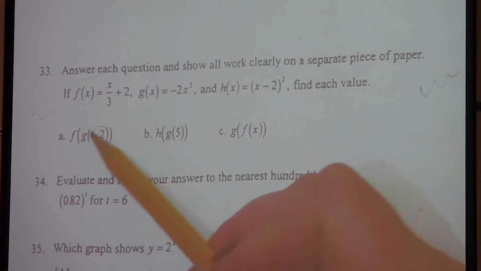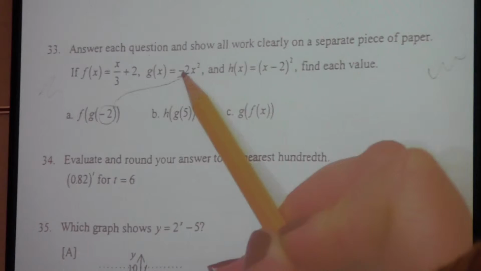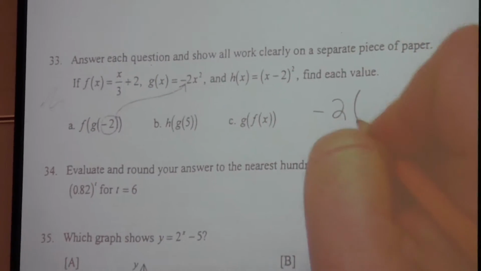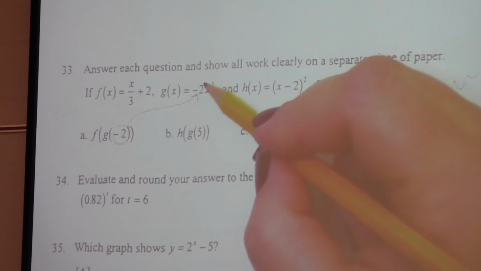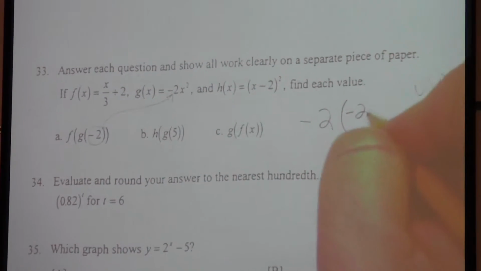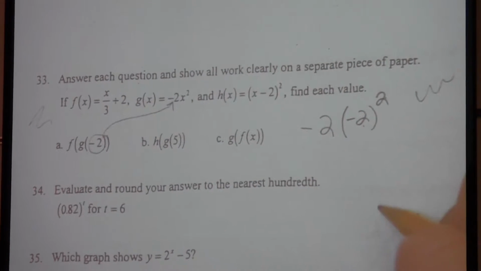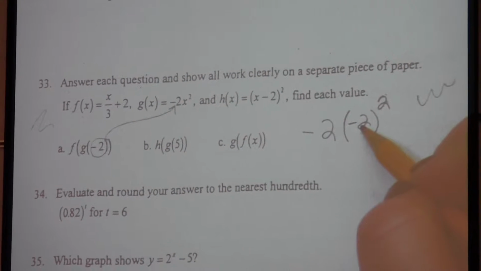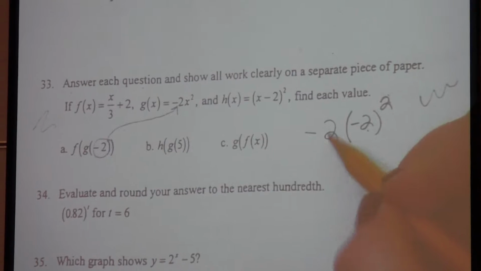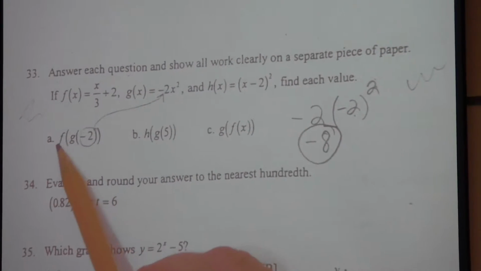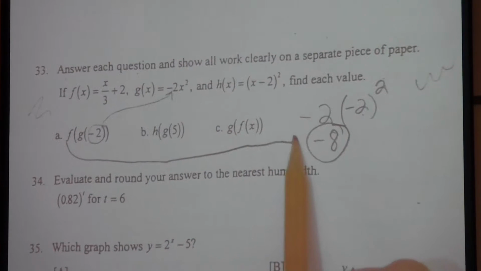So we just take the negative 2 and we plug it in first to the g equation. So we would have negative 2 times, and now in parentheses, I'm going to put in the negative 2 squared. Remember, I square the negative 2 first to get 4, and 4 times negative 2 is negative 8. Then I take that negative 8 and I plug it into the f equation.